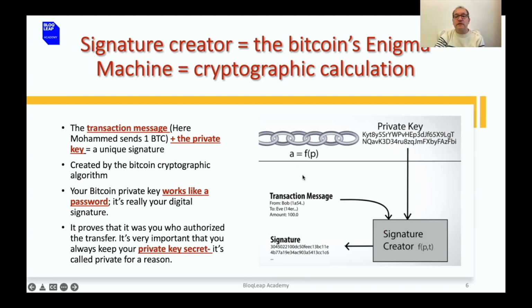So the algorithm is going to take your transaction, put an ID on it, put it in this Enigma machine, take your private key and mix it up with cryptography, and create one number, which is this one. You can see it, the signature, all right?